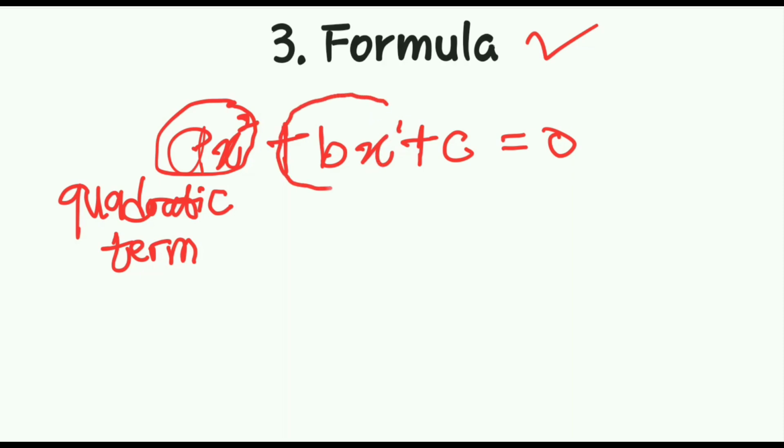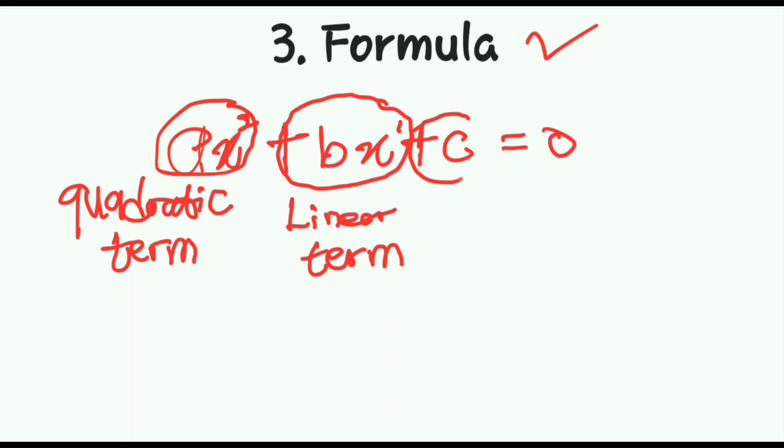So this expression, where the variable has a power of 1, is known as the linear term. And this expression that does not have the variable x is known as the constant term. That is, this value remains the same irrespective of the values of x.